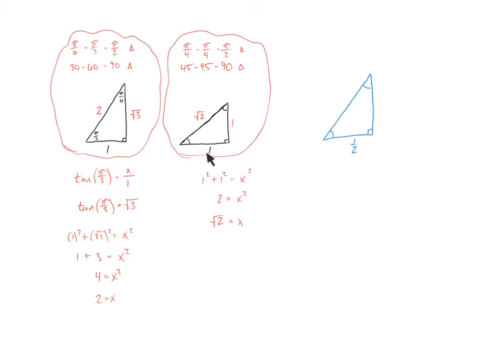If this side used to be a 1 and it's now a 1/2, then it must have been divided by 2. So I have to divide that side by 2 and divide that side by 2. All right, so then my other sides are going to be 1/2 and radical 2 over 2. And so now I have those sides. And all we've done is we've taken that triangle and we've just shrunk it. And I could do the same thing in blowing it up.